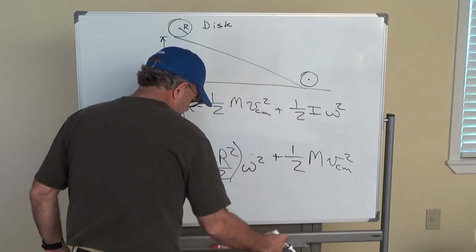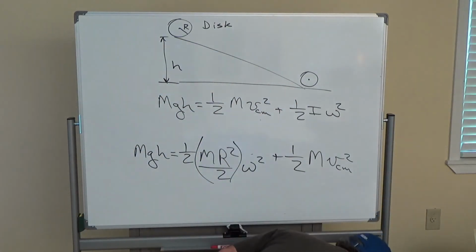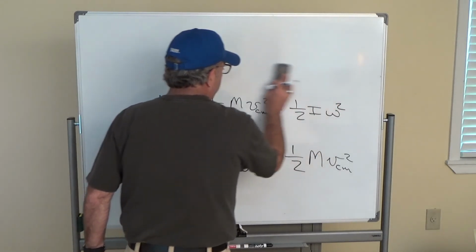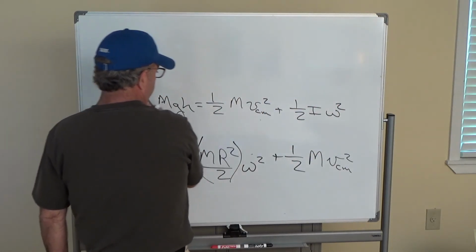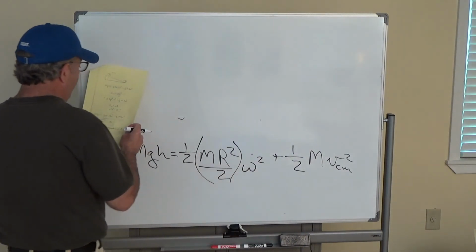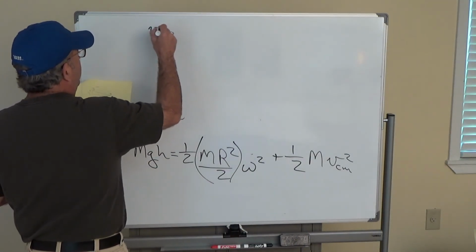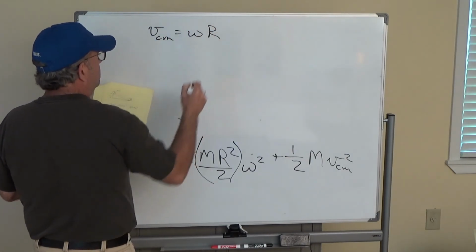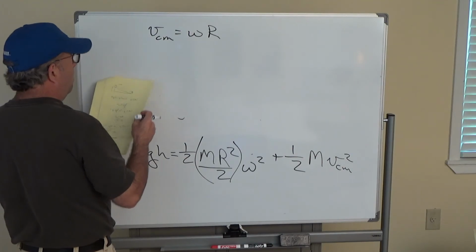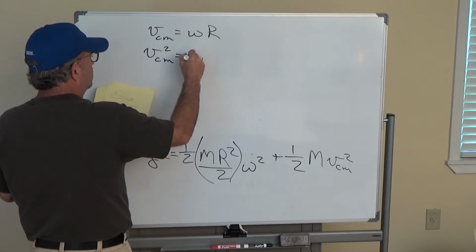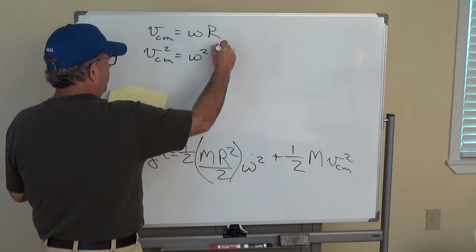But we know that, from what I just did 2 seconds ago, V center of mass is omega r. So V center of mass squared is omega squared r squared.